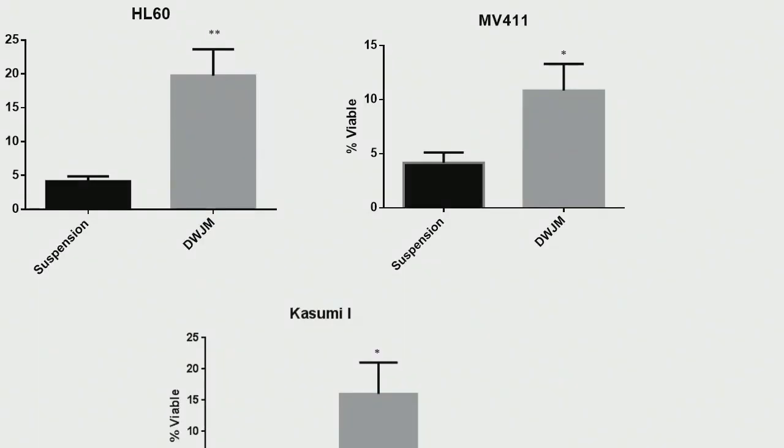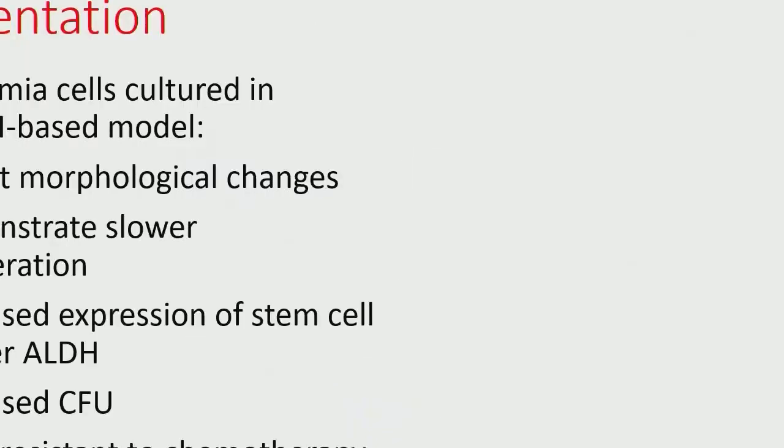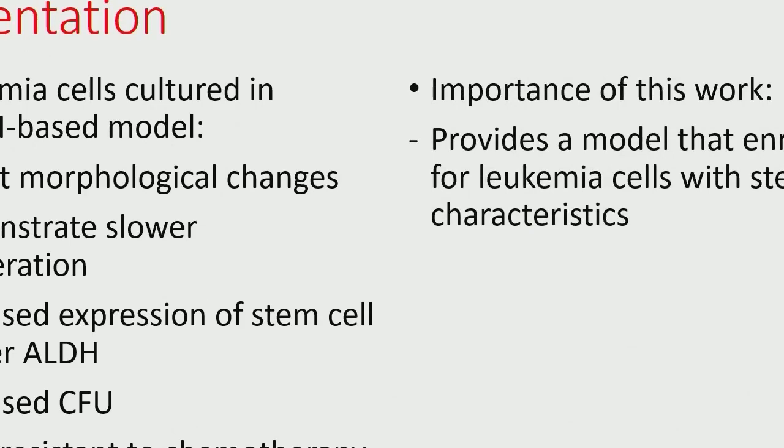And finally, when we assessed their response to chemotherapy, we did see that these leukemia cells cultured in our matrix resisted the effects of chemotherapy and remained more viable compared to control conditions. So in summary, when we cultured leukemia cells in our matrix, these leukemia cells changed in their morphology, had decreased proliferation and increased expression of ALDH, increased colony-forming units, and had more resistance to chemotherapy, which, when you think about it, are characteristics of leukemia stem cells.